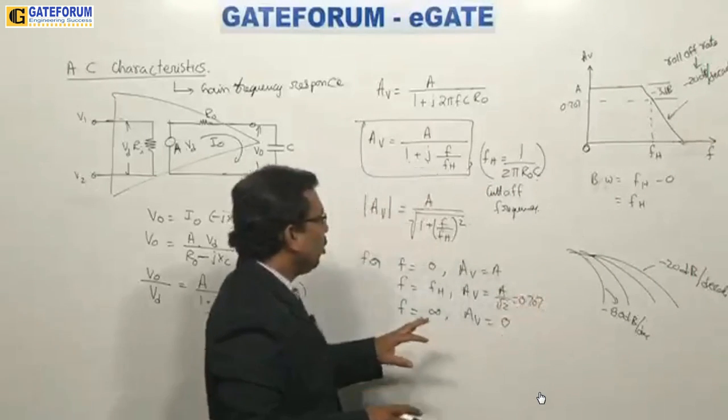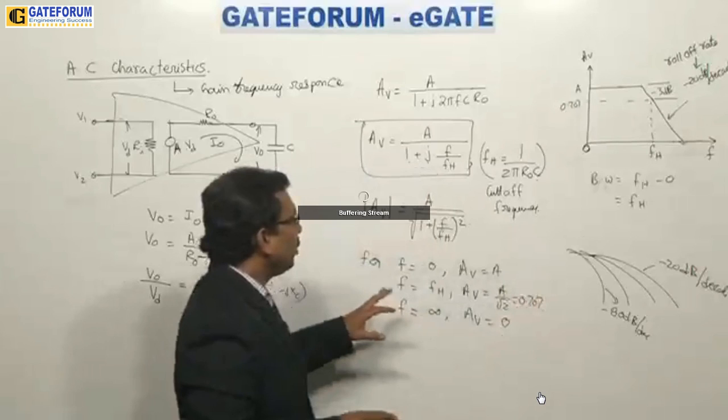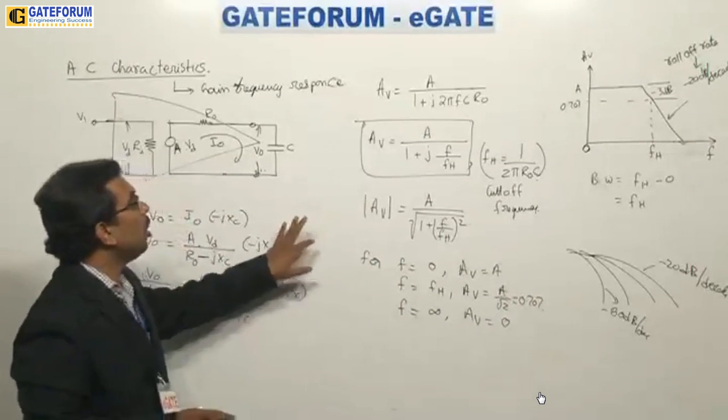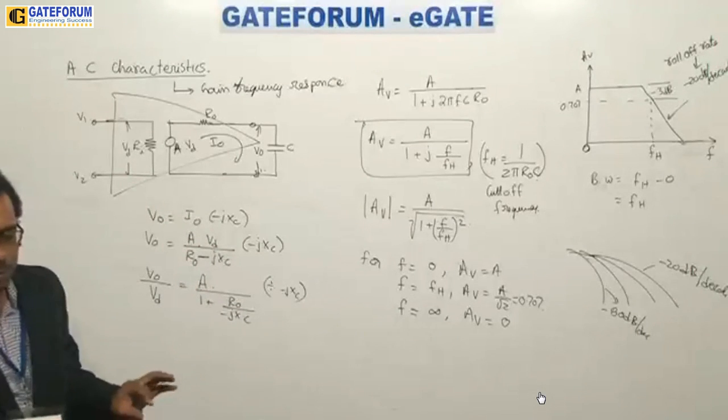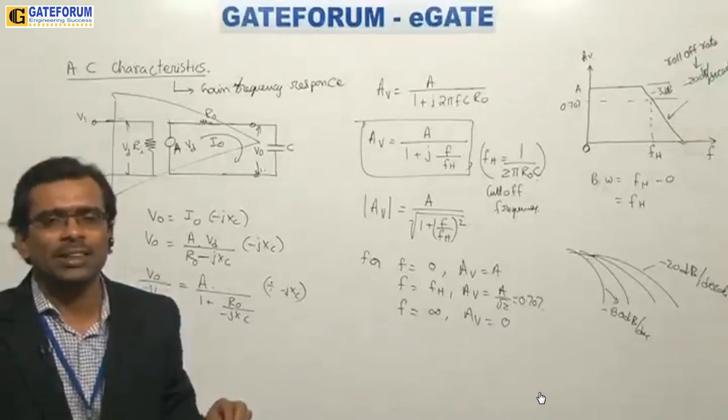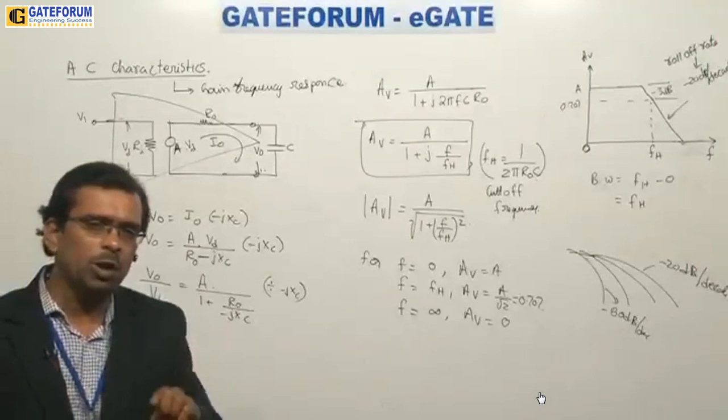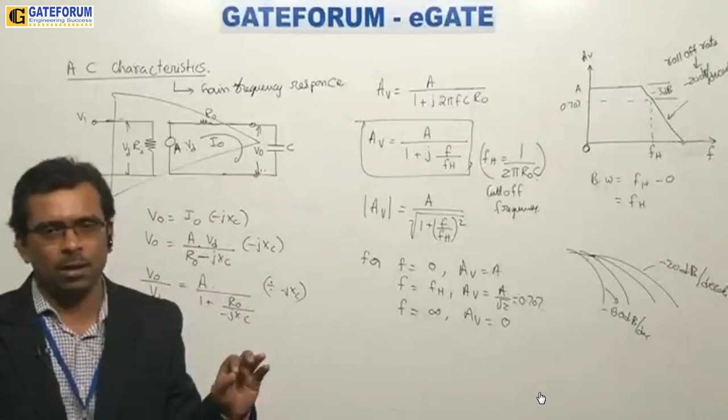So this is about the frequency response or gain frequency response or AC characteristics of the op-amp. So op-amp is working as an amplifier. When it works as an amplifier, if you are between 0 and FH, it gives you excellent gain, no problem.